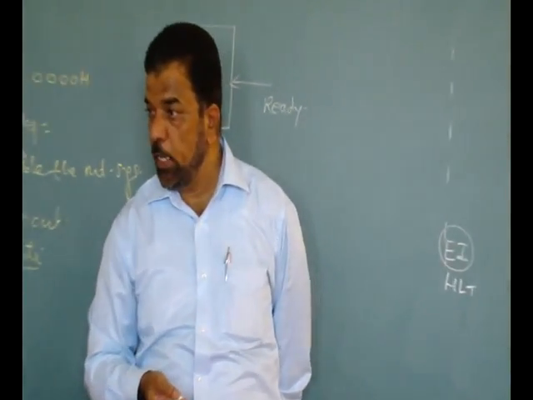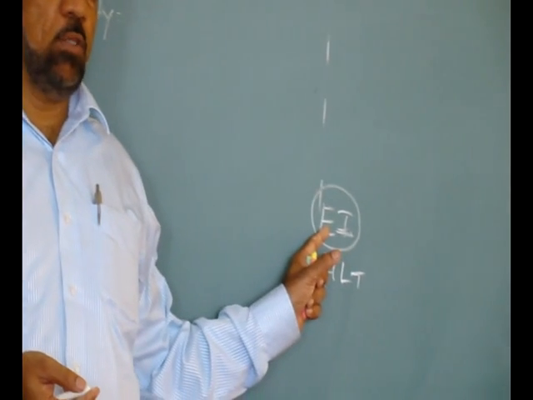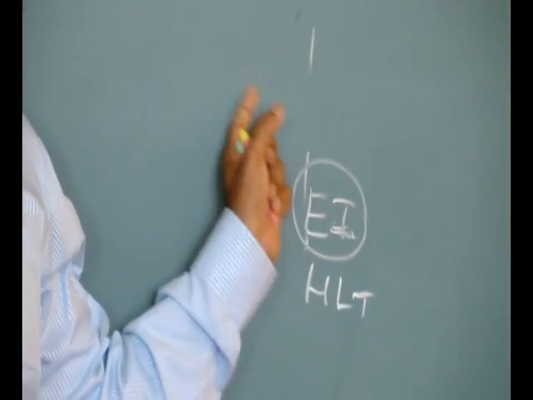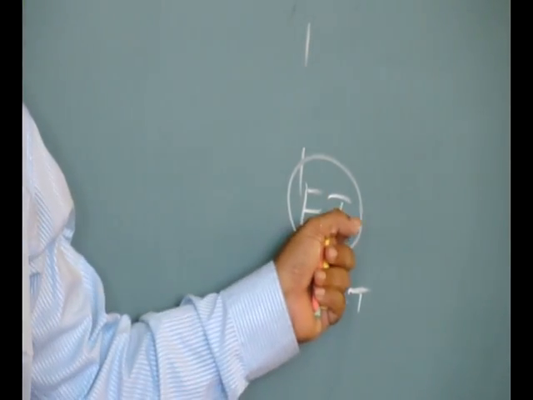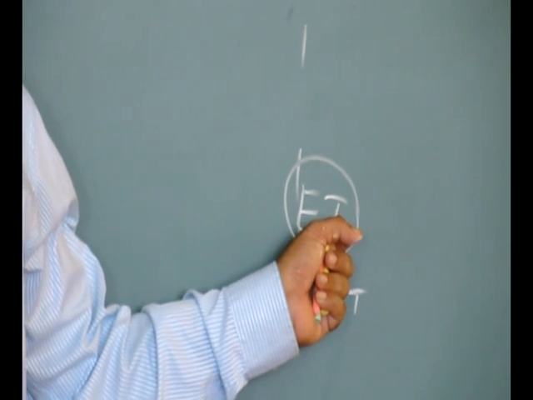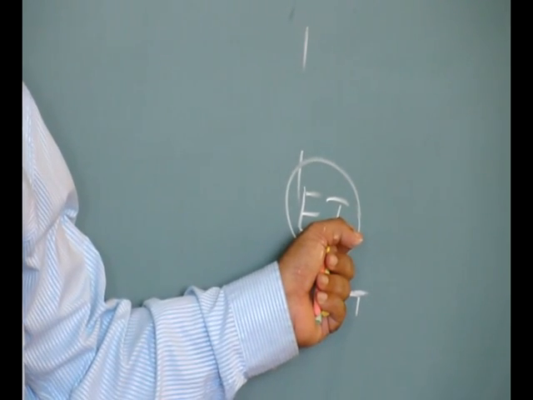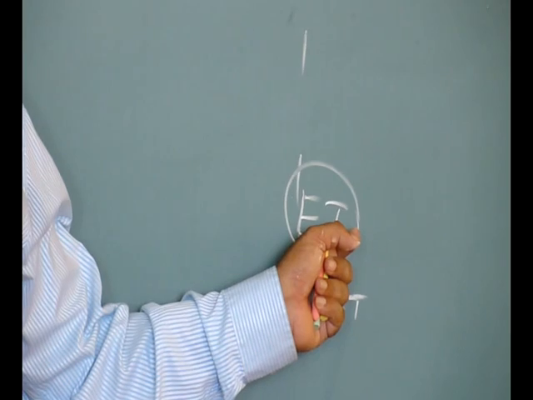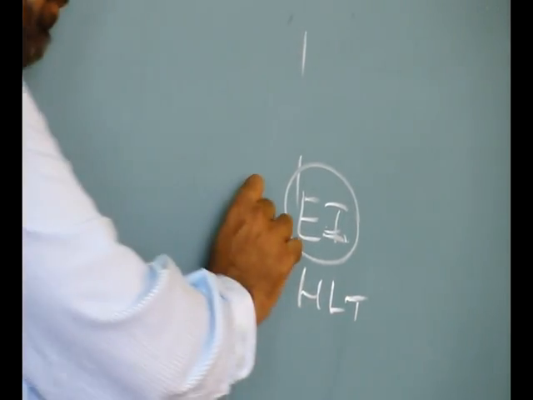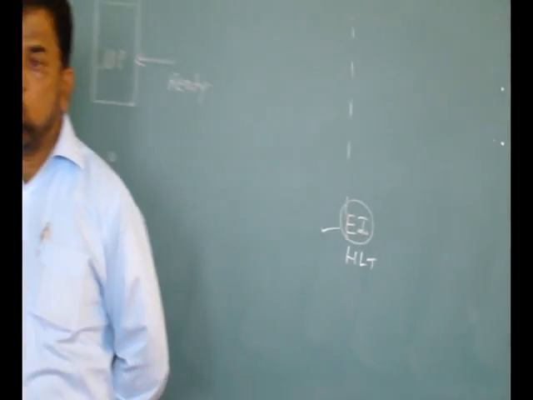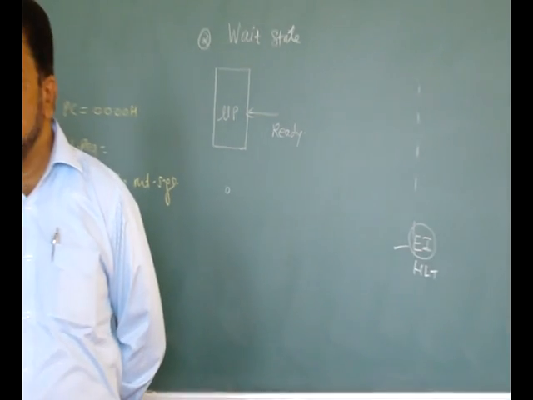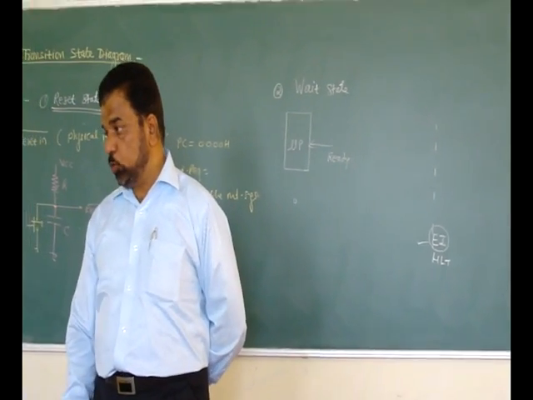Because when you execute EI, then and only then is your interrupt system activated. If this instruction is not there, the entire interrupt system will be in a disabled state. So the precaution you have to take is to write the instruction EI before halt.